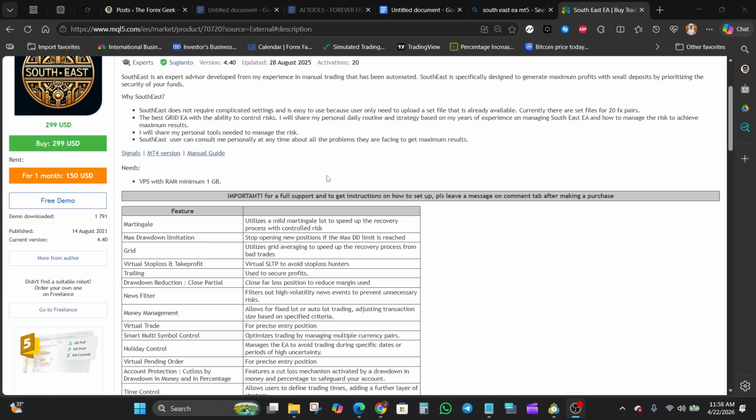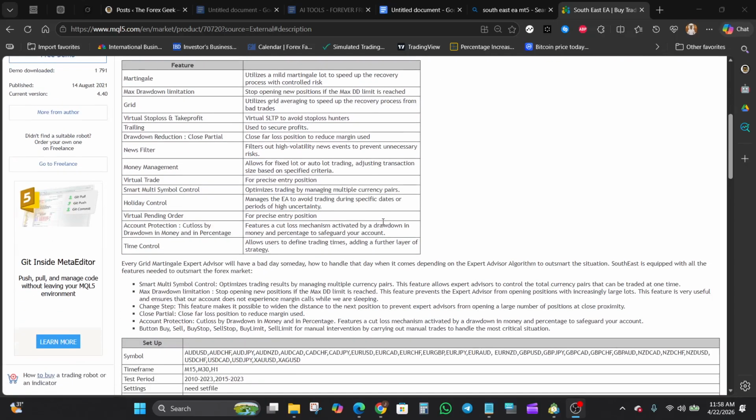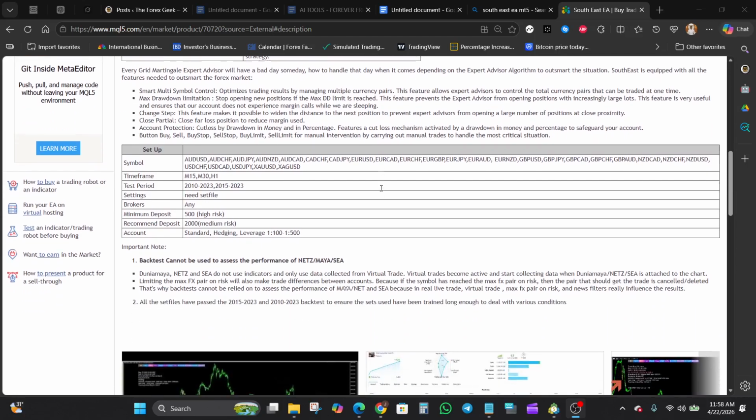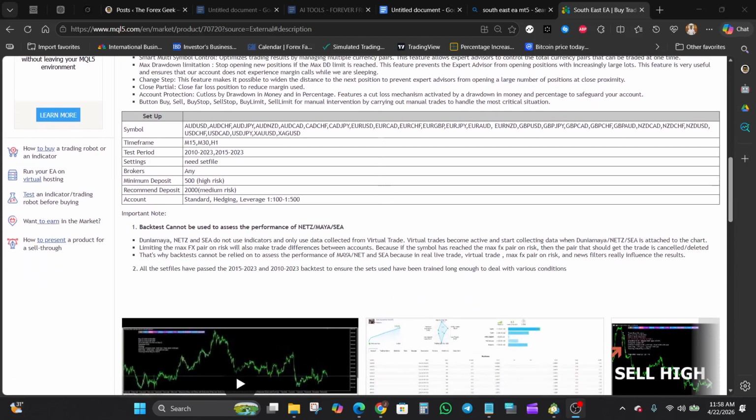One thing that stands out immediately is that it comes with a lot of pre-configured set files for multiple Forex pairs, meaning that it is designed to be easy to deploy without heavy manual setup. So instead of spending time tuning parameters from scratch, the idea is that you load a ready-made configuration depending on the pair that you are trading.